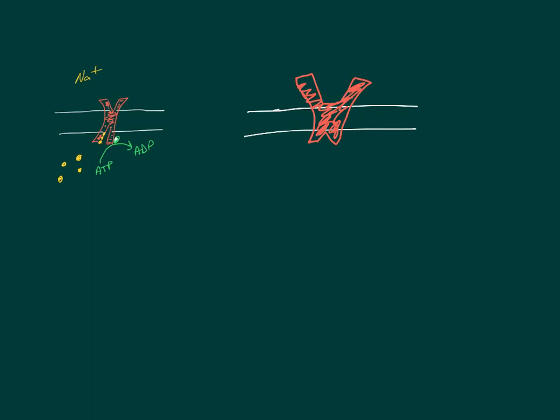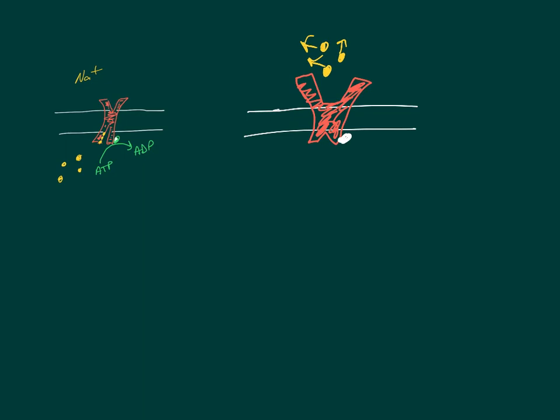See how it opened up? And what you're left with is the phosphate still there. And as soon as it opens up out to the outside, these sodiums get released into solution. So the sodium gets kicked out of the cell.